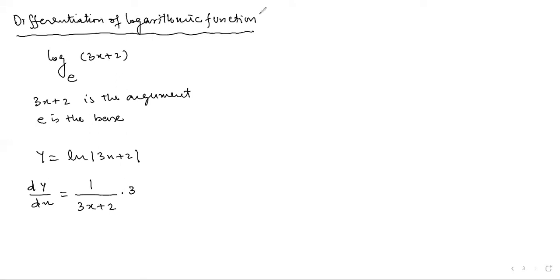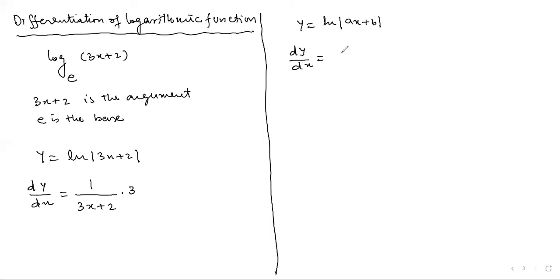So the general rule for the differentiation of a logarithmic function is, if the function is ln ax plus b, then dy over dx is equal to 1 over ax plus b, the reciprocal of the argument, multiplied with the derivative of the argument, that is a.